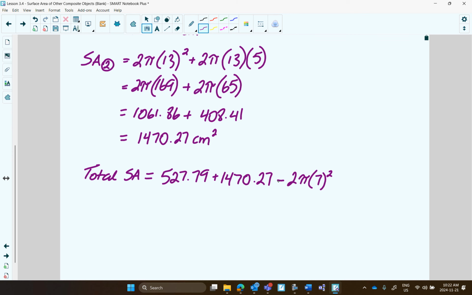So this is going to give me 527.79 plus 1470.27 minus, remember, we do the 7 squared first, so it's going to be 2 times pi times 49, which gives me 307.88. And now I'm almost done.